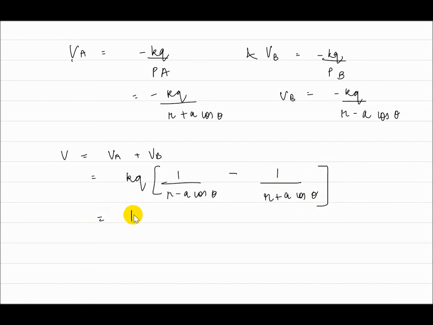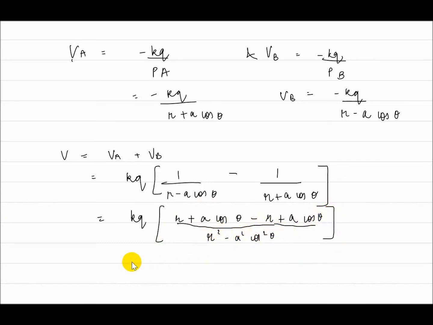We take the LCM: kq, r plus a cos theta minus r plus a cos theta, and in the denominator we get r square minus a square cos square theta. So r and r get cancelled, and we are left with 2a cos theta upon r square minus a square cos square theta.